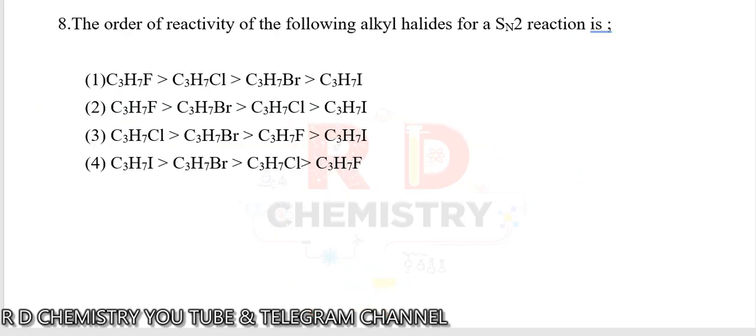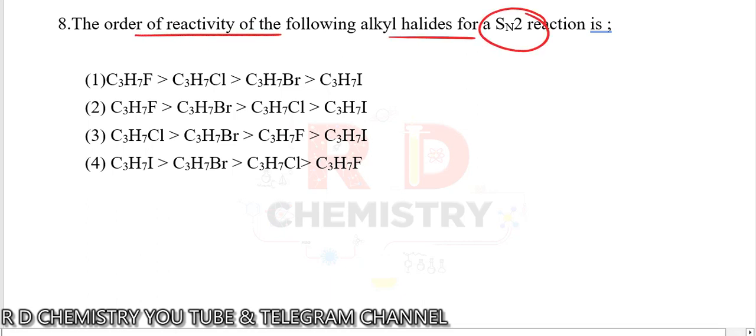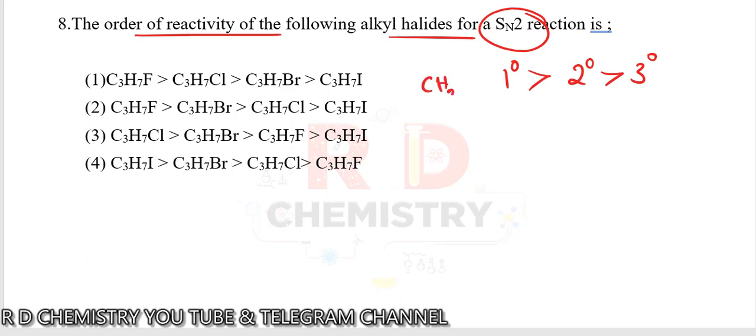Question number 8. The order of reactivity of the following alkyl halides for SN2 reaction. Generally for SN2 reaction, primary alkyl halides react faster compared to secondary, compared to tertiary. If you bring in methyl halide, then methyl halide comes at the beginning. Now here, all alkyl groups are the same, correct? They are given as propyl everywhere.